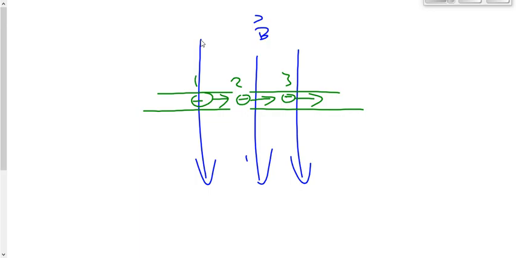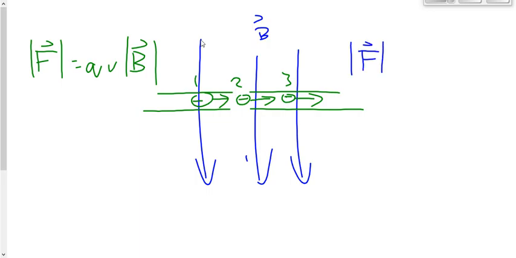Now, the force on each of the particles could absolutely be described by using the equation QVB. But the force on the wire itself, due to all of these particles moving through the magnetic field, is equal to I. What does I stand for? Current, amps.